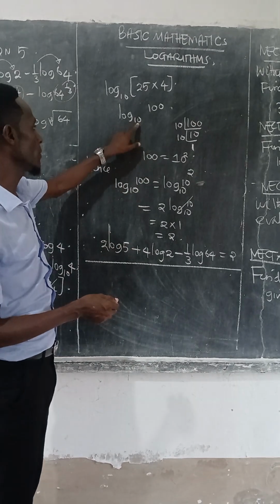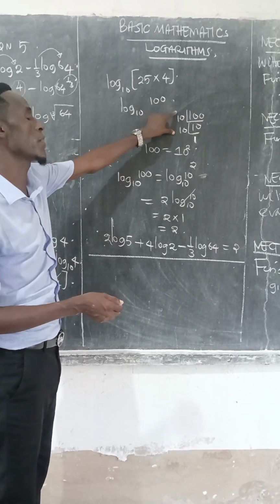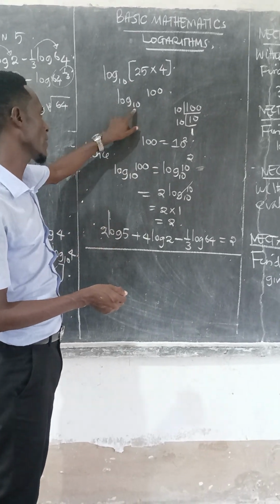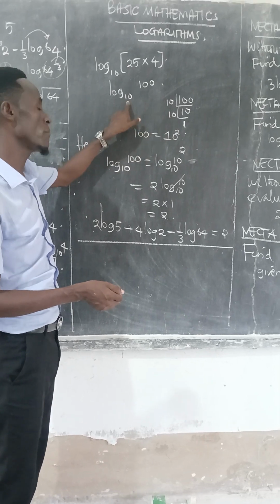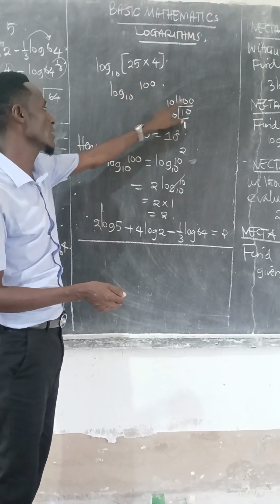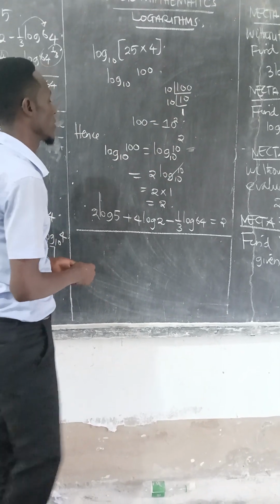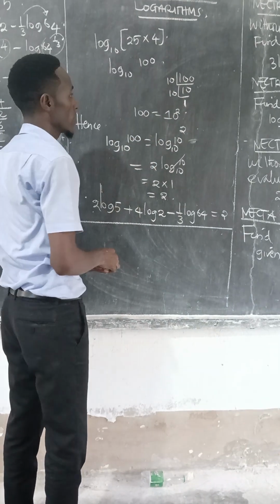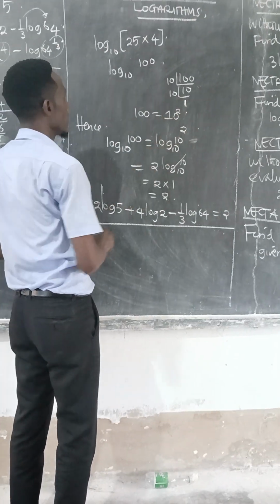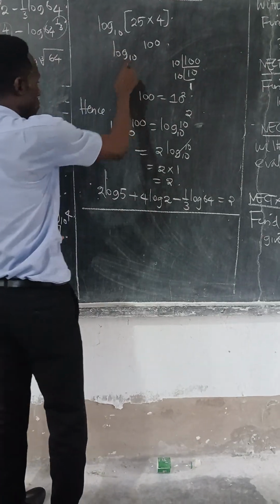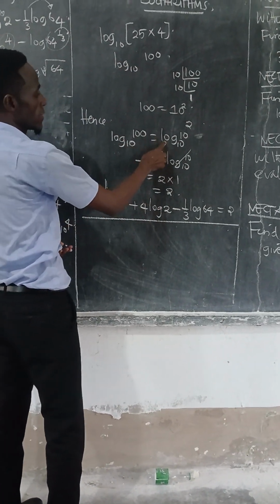Find the relationship between this number and the base by prime factorization: put the base outside and the number inside. By prime factorization, you find that 100 is equal to 10 squared. Then you write your equation equal to logarithm of 10 squared.